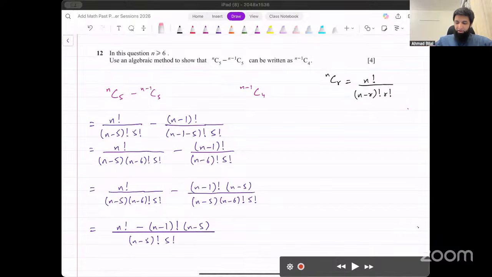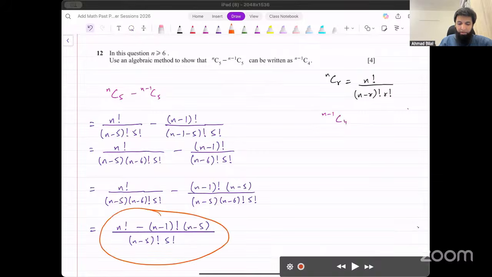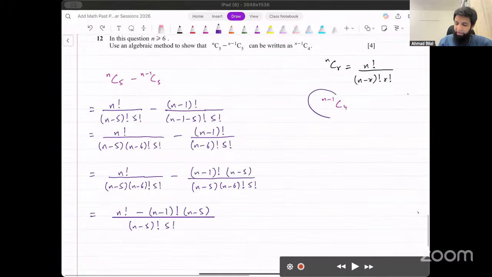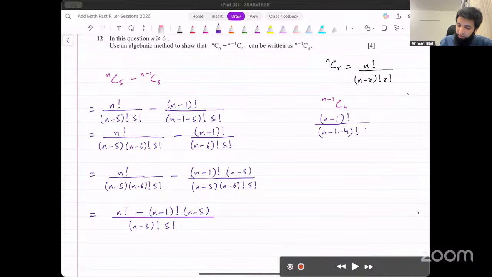Now, it will be a good idea to simplify this a bit as well, because that will give you a hint of what exact form you want to make it now. If you write this down, what is n minus 1 C 4? n minus 1 C 4 can be written as n minus 1 whole factorial, and in the denominator, you would have n minus 1 minus 4 whole factorial into 4 factorial.